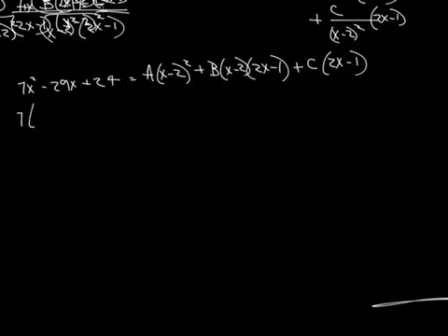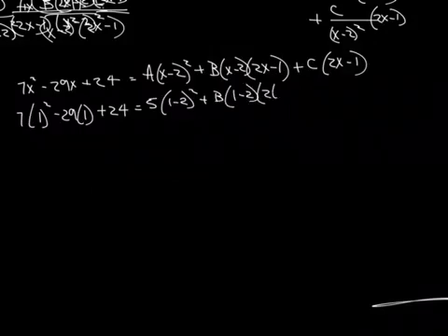So I put 1 in there just because it doesn't change anything. And we found a to be what? 5. We're looking for b. And c, what did we find c to be? Oh, that was negative 2, right?